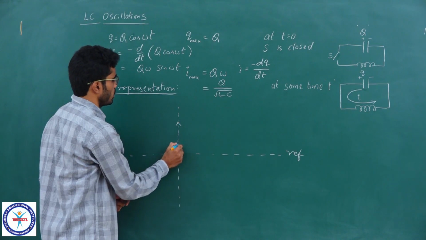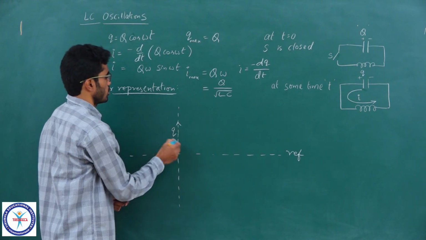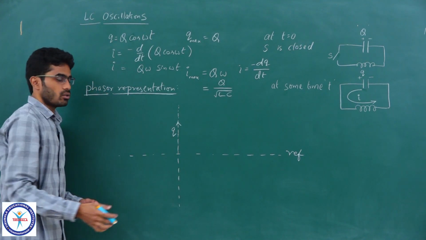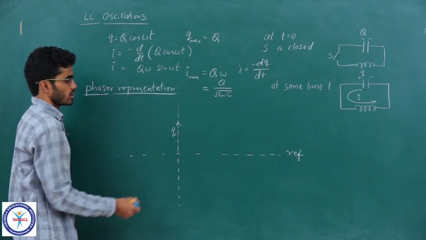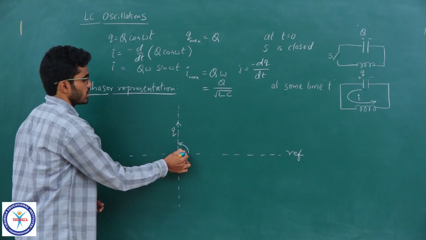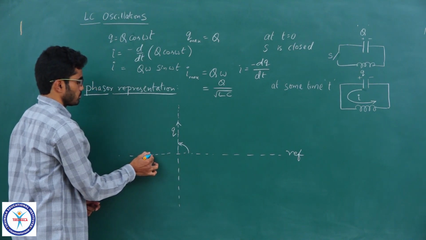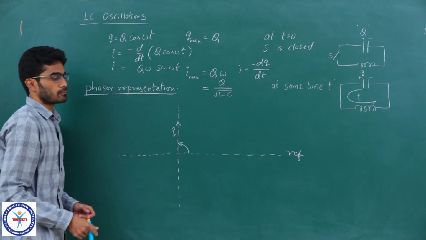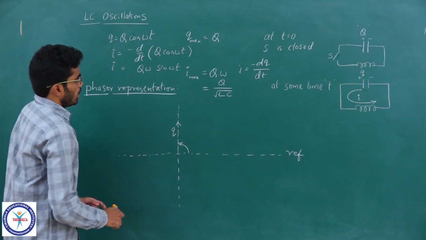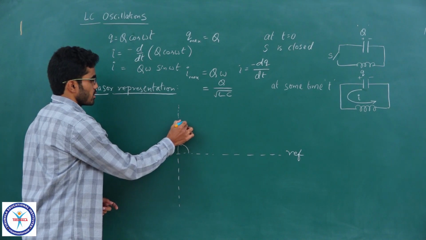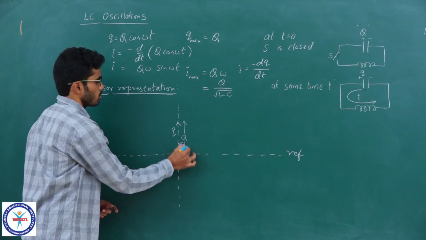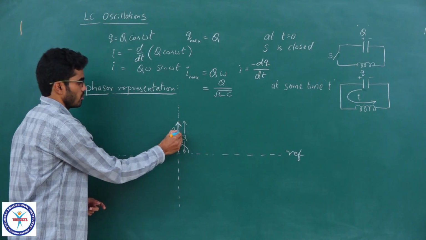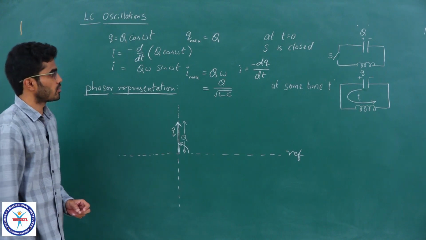So the phasor at t equals 0 will be like this. The phasor value is given on the y axis here. This is the reference line, so all angles are measured from this reference line. So the initial phase for this is pi by 2. We have already seen that. And the length of the phasor is capital Q, the maximum value. So this is our phasor for charge on the capacitor.